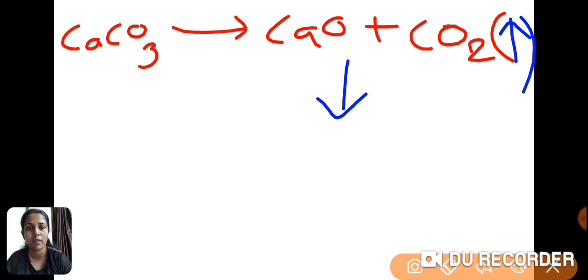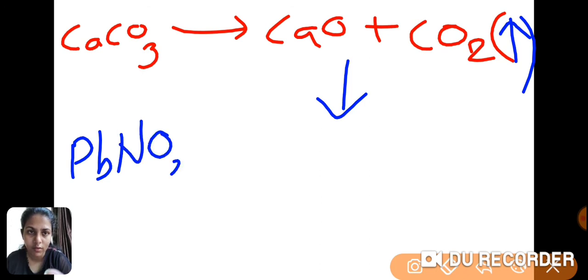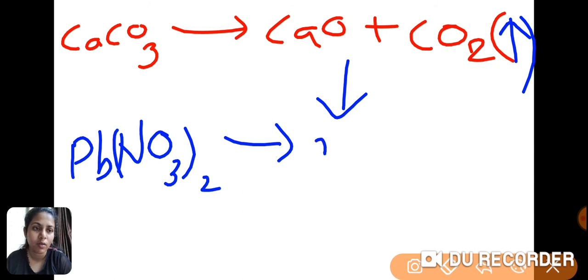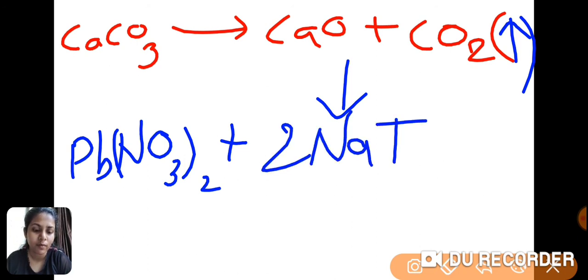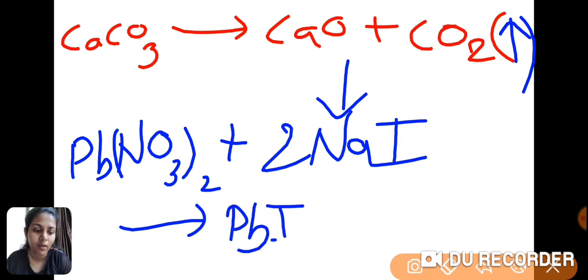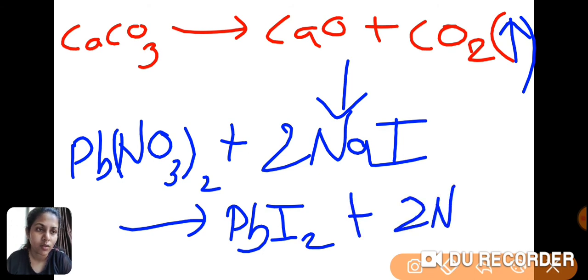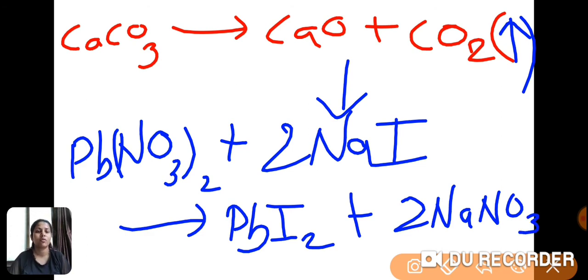For example, if we write PbNO3 twice plus NaI gives PbI2. So here PbI2 is an insoluble solid.